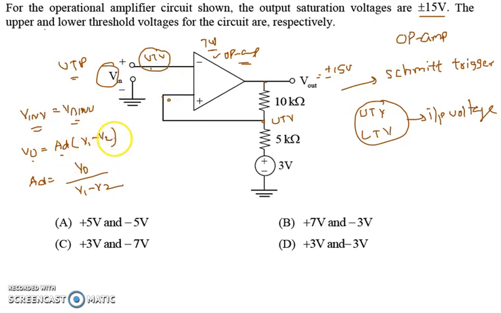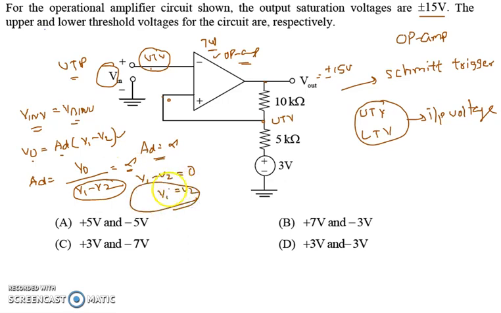Now we can take that expression like this, and AD becomes equal to this. For the ideal operational amplifier, the gain becomes equal to infinity, which is an ideal characteristic. If the gain is infinity, then V1 minus V2 must be 0. If V1 minus V2 is equal to 0, then V1 becomes equal to V2. V1 is the inverting voltage and V2 is the non-inverting voltage.